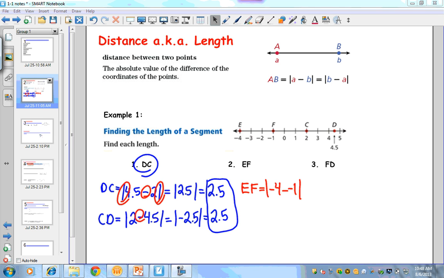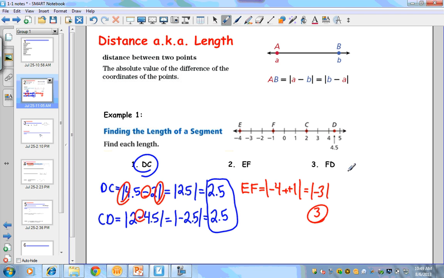For example number 2, I went ahead and jumped ahead and put all my work down. Started with E, which is negative 4, and then F, which is negative 1. Now, hopefully you guys remember how to add and subtract negative numbers. When you have a double negative here, subtract negative, those become positive, which gives you negative 3, which at the end gives you positive 3.